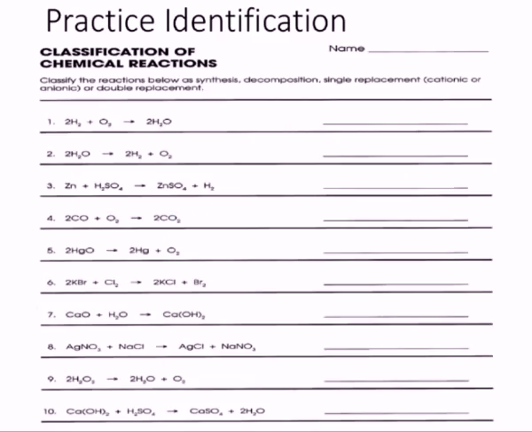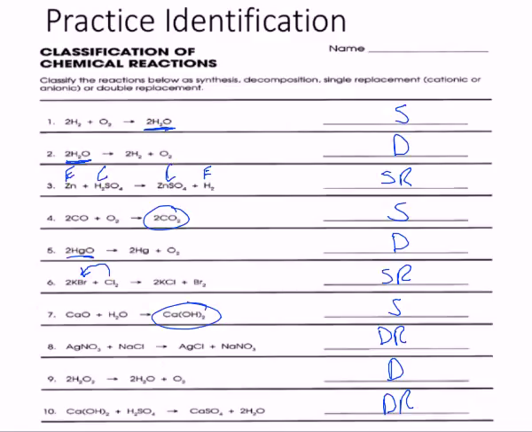All right, I want you guys on this page in your notes to identify 1 through 10, and then we're going to come back and classify these, and then we'll start talking about predicting products in the second period. So this is going to be one part of what you have to do on your test next week, identifying the types of reactions. Now, why this is such a huge skill is what we're about to start doing, and that's predicting products.